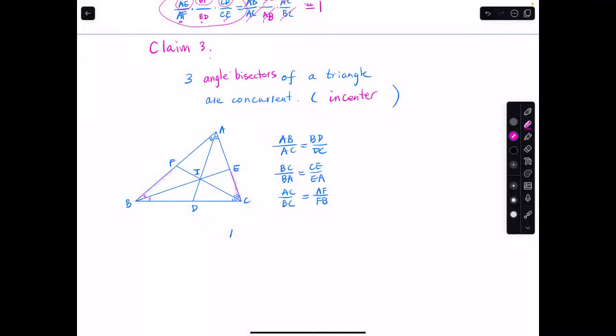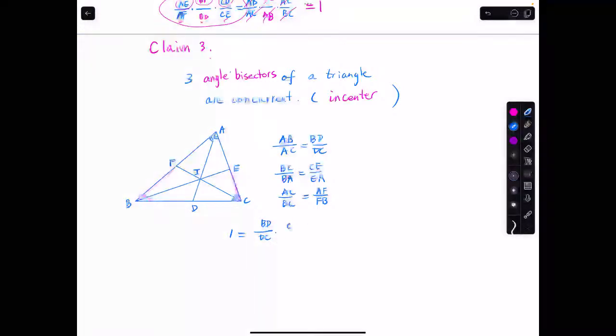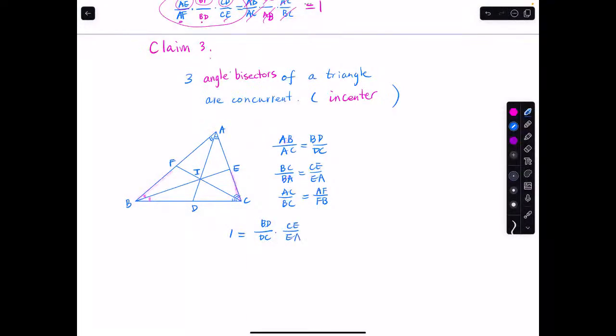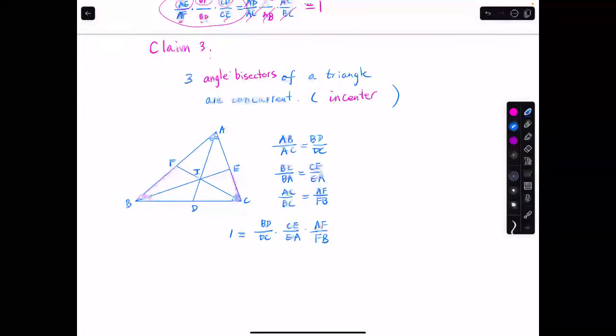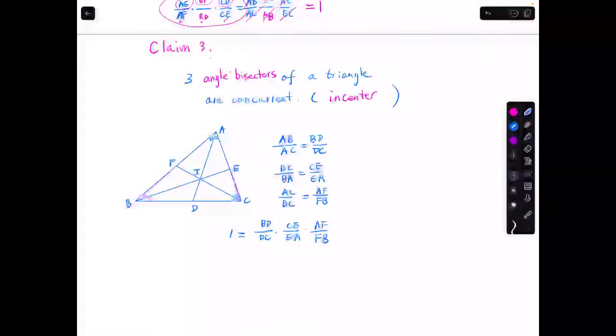The AB and this will cancel, BC and CA. So you have 1 equal on the right hand side to BD over DC times CE over EA times AF over FB. Now by Ceva's theorem, indeed they are concurrent. So that's a proof, all based on Ceva's theorem.